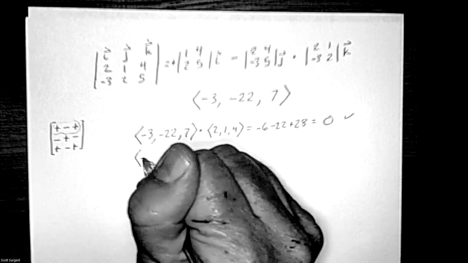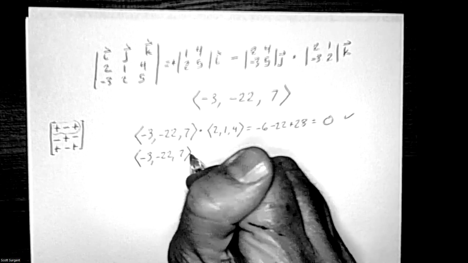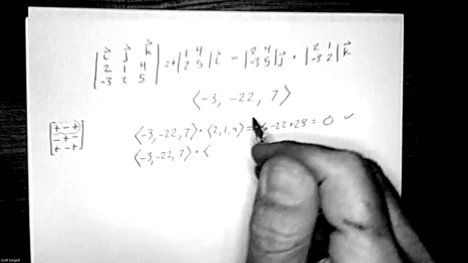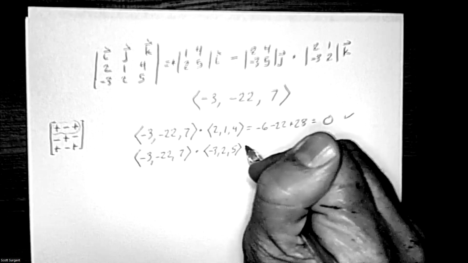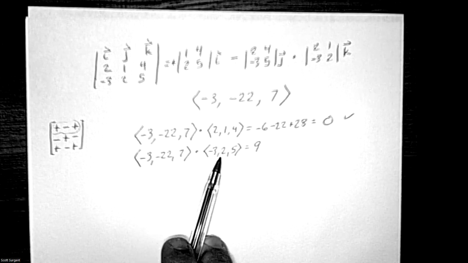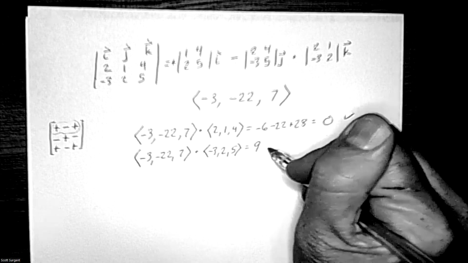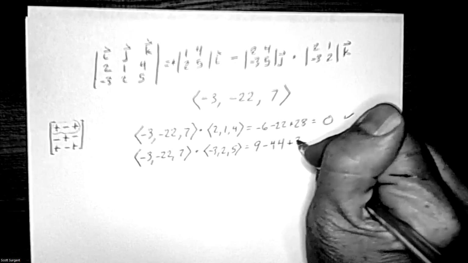Let's try it with the other vector. So -3, -22, 7, dotted with the other vector, -3, 2, 5. So I have -3 times -3 is 9. -22 times 2 is -44. And then 7 times 5 is 35.